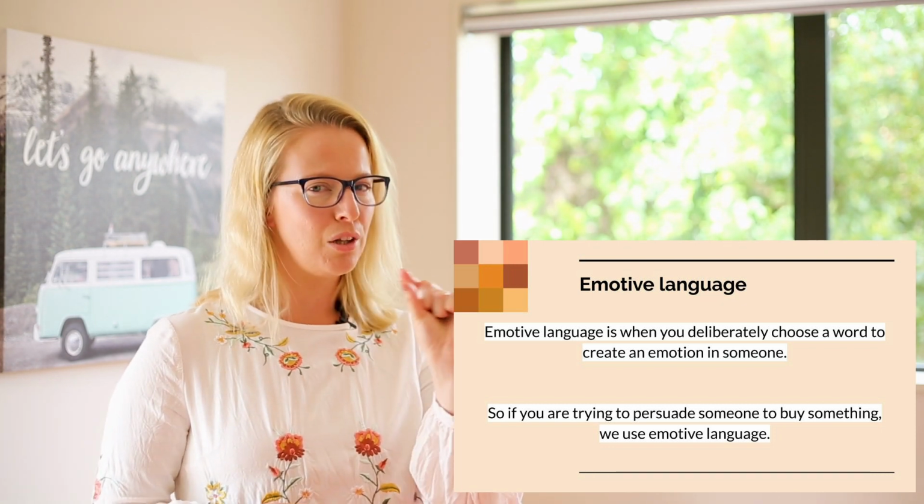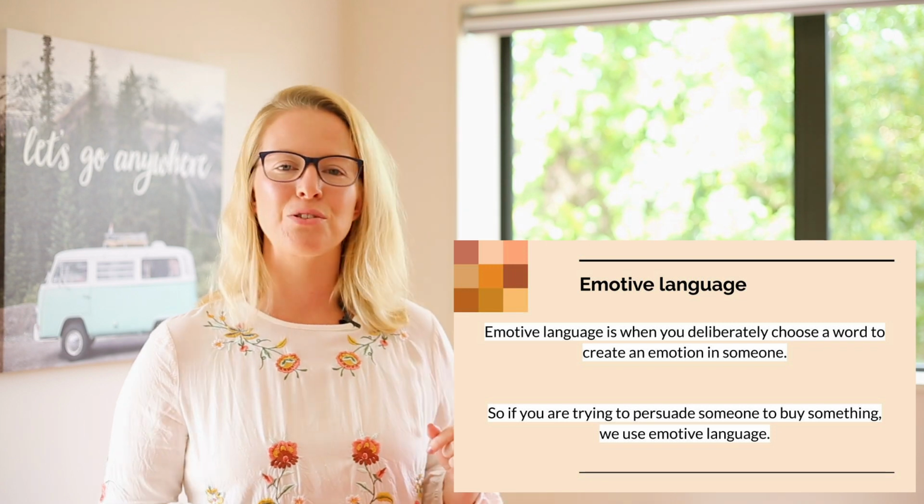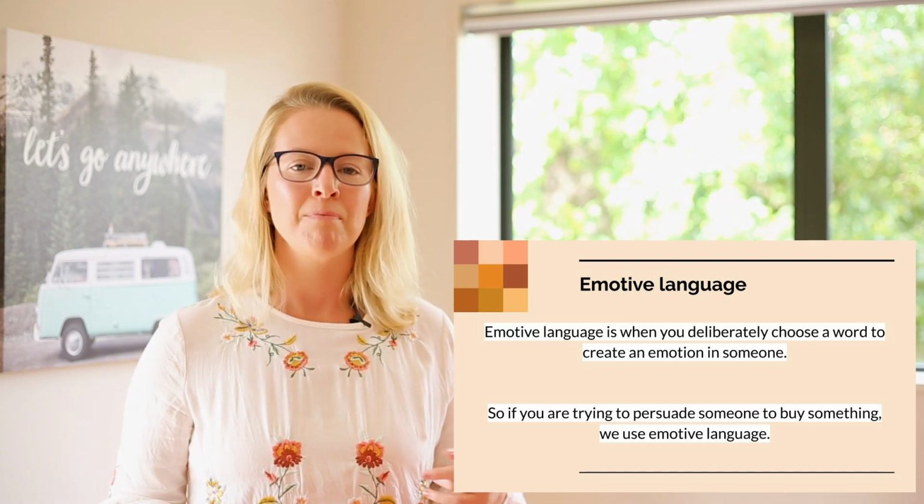So there might be a clue in the word emotive. It's talking about emotions. So when we're using emotive language, we're wanting to create an emotion in someone. It could mean we're trying to make someone feel really happy, make someone feel really excited, or make someone feel really loving. Like I was talking about those flowers. I was feeling loving towards the flowers.